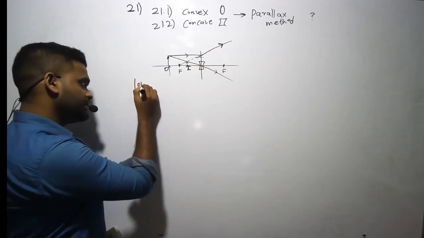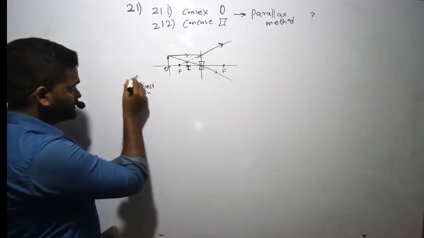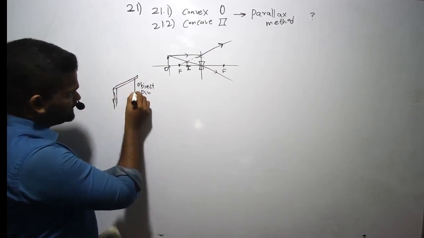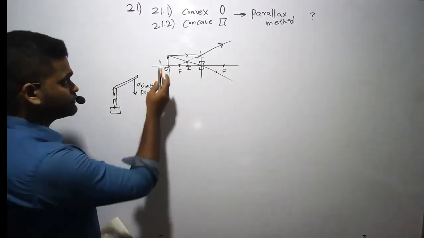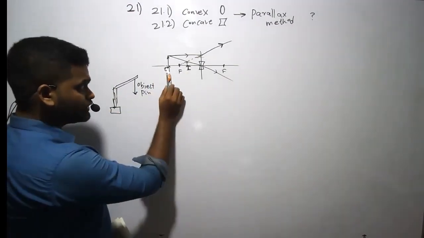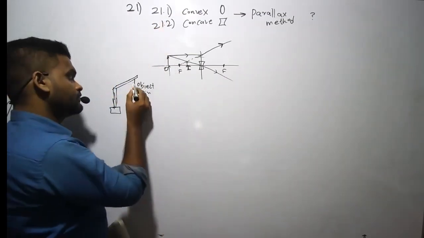This is the object pin, like this. You hang the object pin onto the principal axis using a stand. You're not going to place it like this. You will understand why that is. You're going to place it upside down for the object pin.